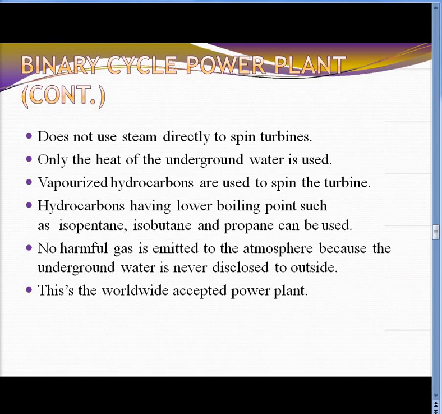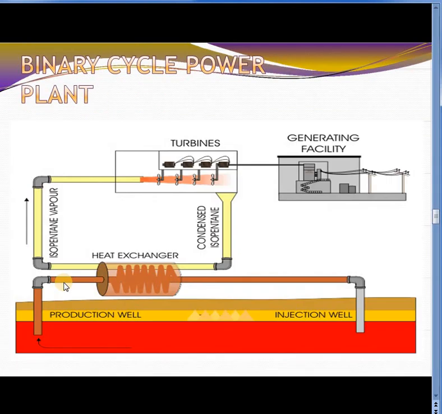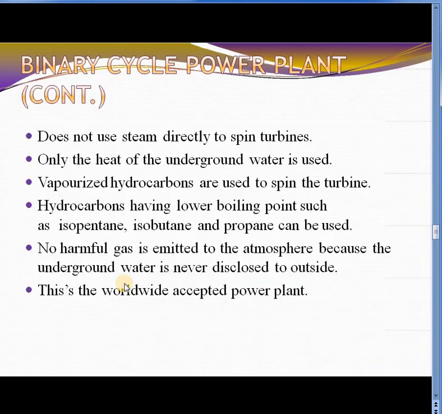So here if you see binary power plants, we are using a heat exchanger which is increasing its boiling point, that is, it is making the water into completely vaporized steam. Okay.